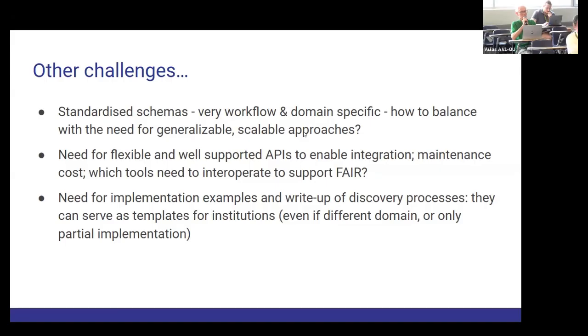With all the support for development of the generalist repositories, it's now becoming quite easy to deposit things into generalist repositories. Actually, it's much more difficult to do that with domain repositories, some of which are very well funded and supported, but others of which won't be. So what's going to happen to domain repositories? This whole issue is a really big one.